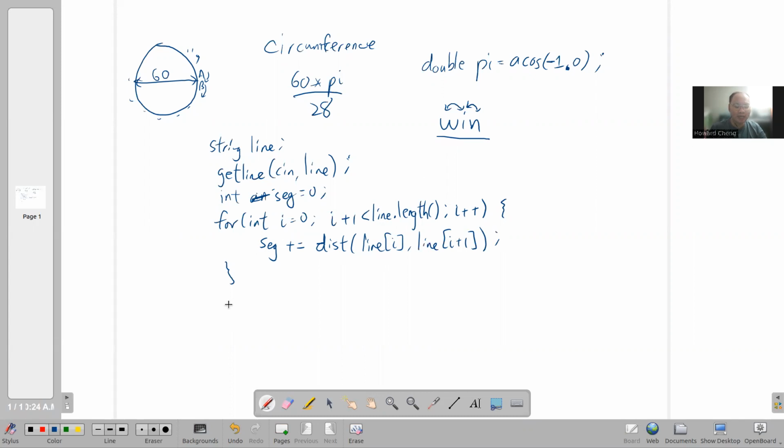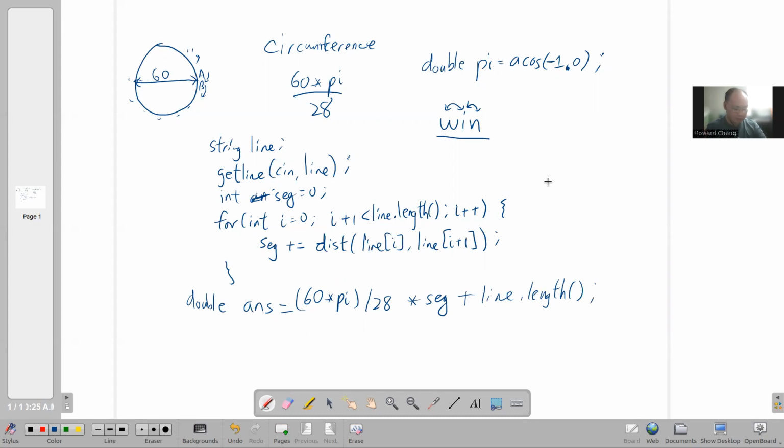And then at the end, the answer will be, what is the answer? The answer, so this would be double, would be 60 times pi divided by 28 times the number of segments, okay, and then plus, because we have to remember, line.length, and then you print that out, something like that.